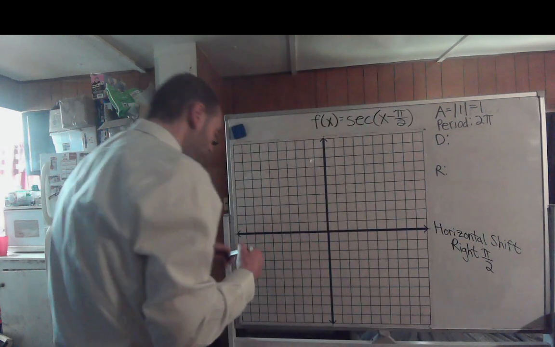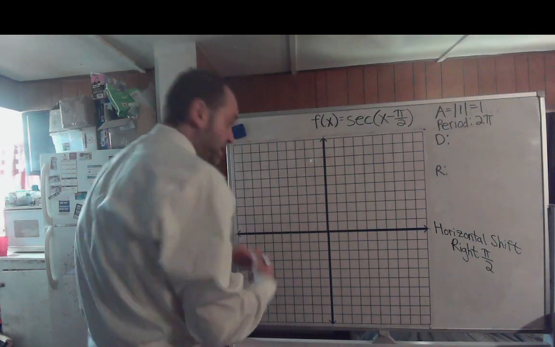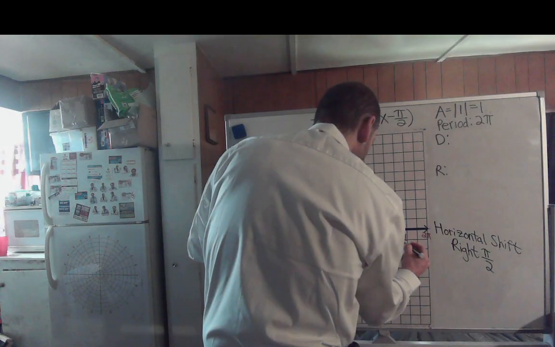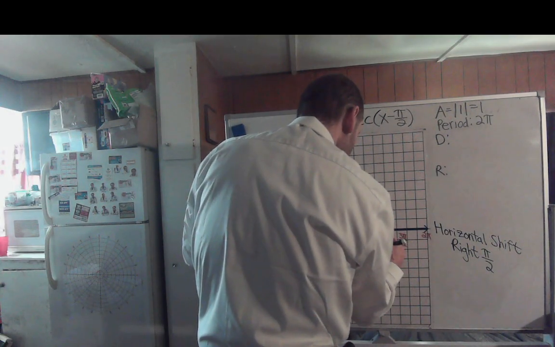Let me plot our critical points here, because whenever you have a horizontal shift, that's going to affect your asymptotes also.